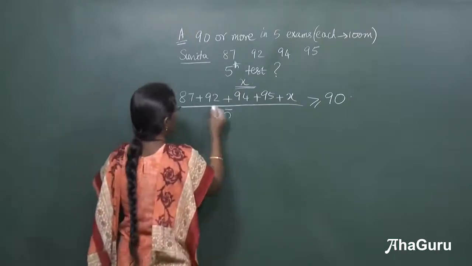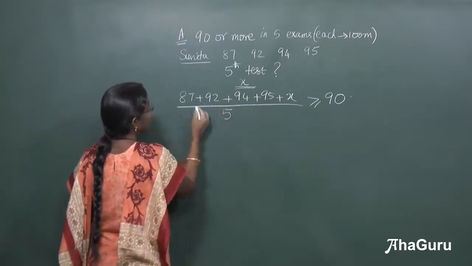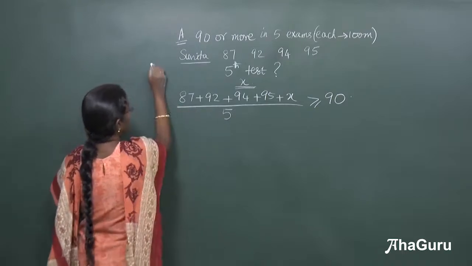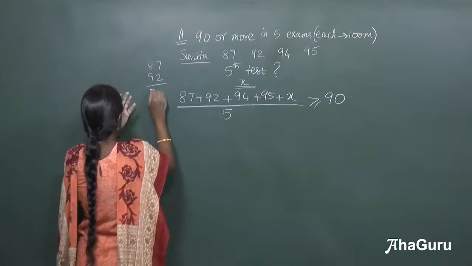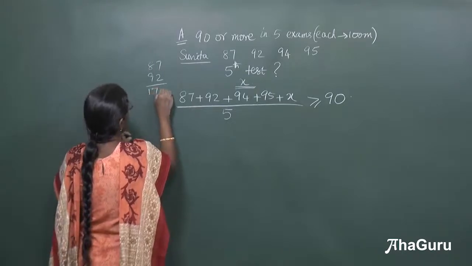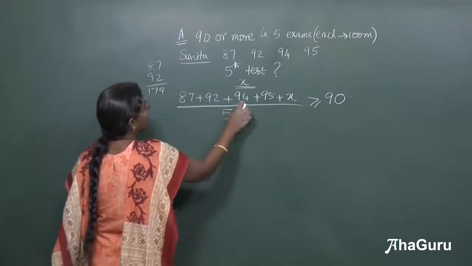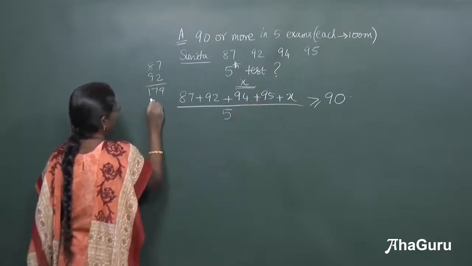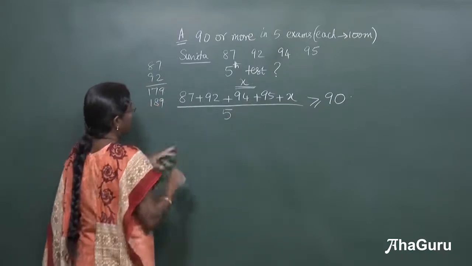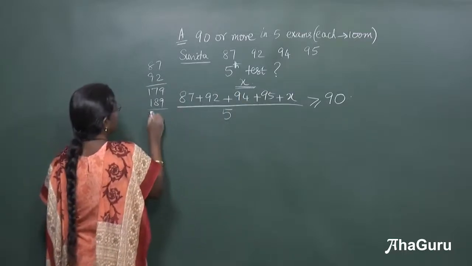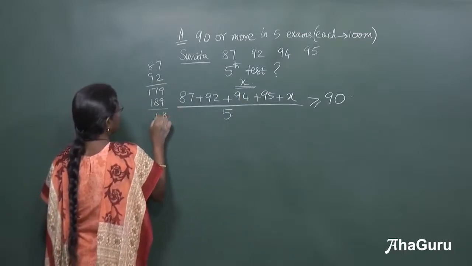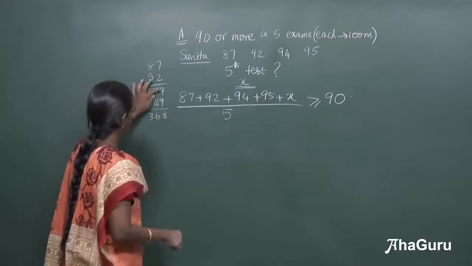Okay, now we will just simplify this. How much do we get here? 87 and 92 becomes 179, correct? And these two together become 189. So, what is it here? 8, 6 and 3, correct?